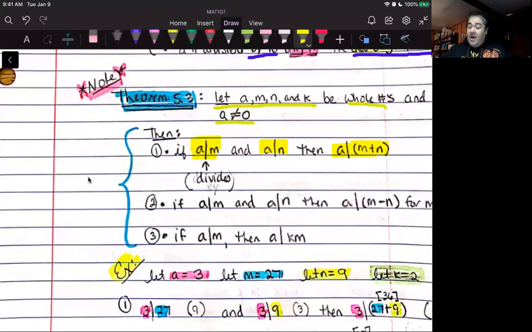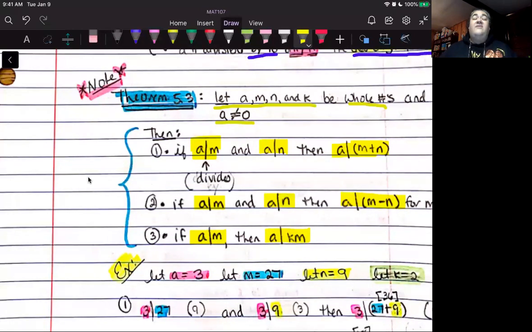The other thing this theorem states is that if a divides m and it also divides n, then a will also divide the difference of those two numbers. And last but not least, if a divides m, then it will divide a multiple of m. That's what this means: a divides km, meaning a multiple.